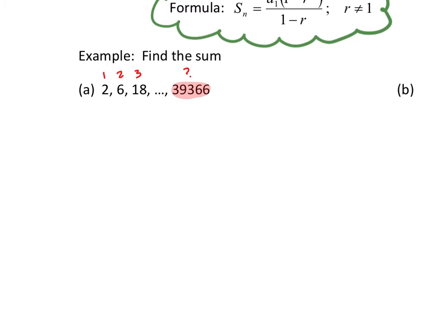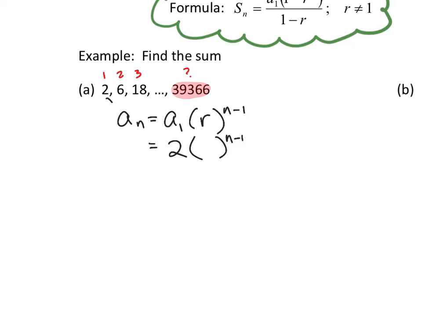We're going to use the formula for a geometric sequence that we learned last class, a sub n equal to a sub 1 times r to the n minus 1, to be able to figure out what term number we're at. We know the first term is 2, and we need to know the common ratio.